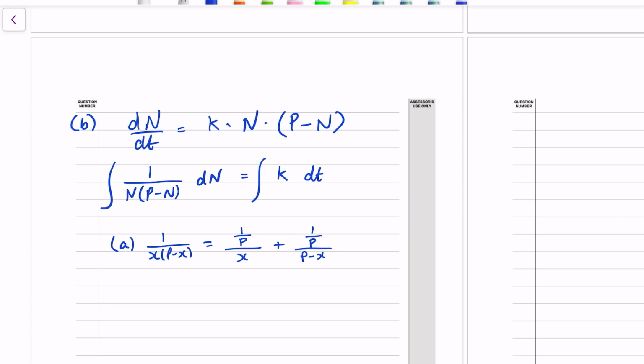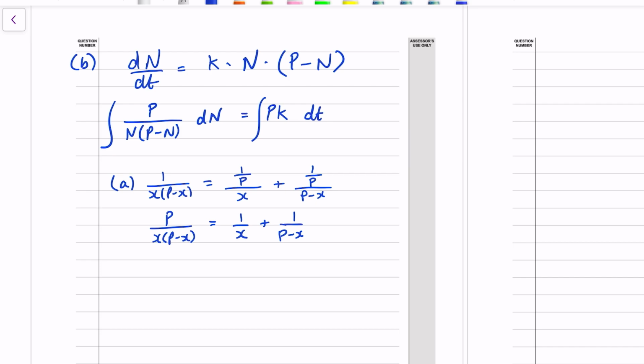So if I times everything through by P, I'm going to get P over x times P minus x is equal to 1 over x plus 1 over P minus x. It looks a little bit tidier, except the differential equation I'm solving doesn't have that P in the numerator, so I'm going to add it in, make that 1 a P, and then make that Pk, times both sides by P. Right.